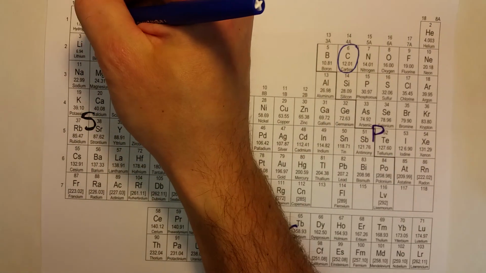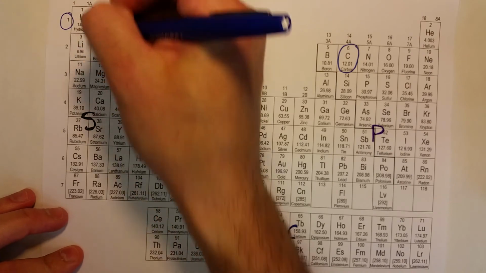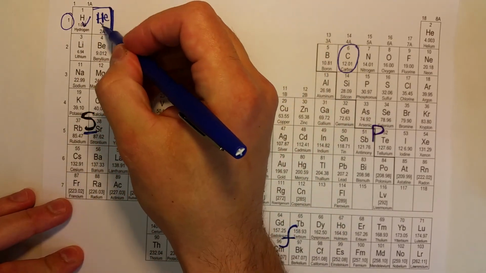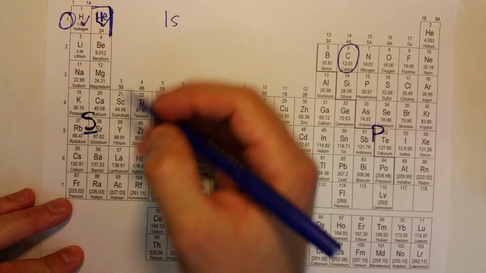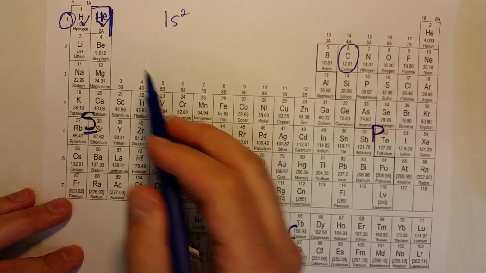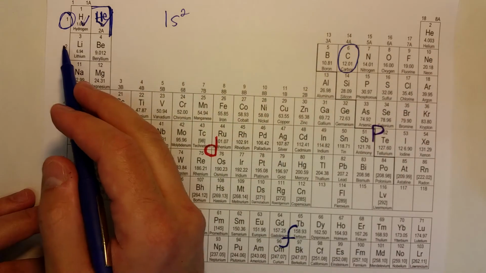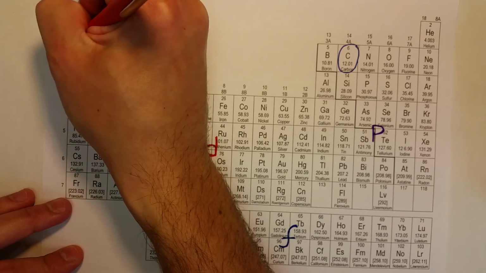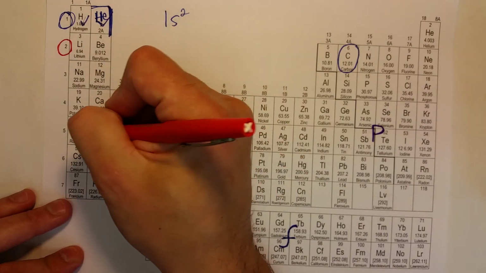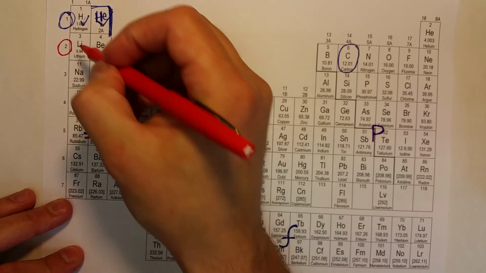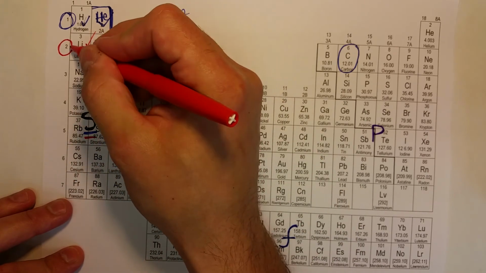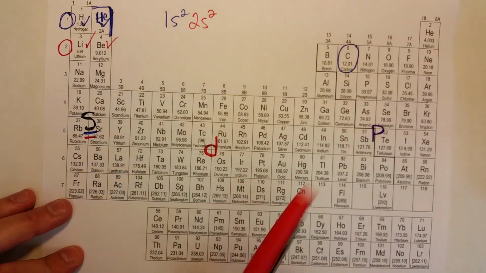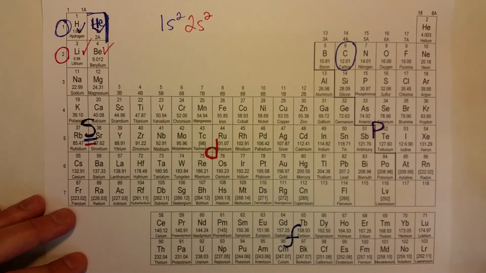So my first electron is in the 1s orbital, and the second one is also in the 1s orbital, so there's 2 there. Now I've run out of periodic table, I have to come down to the second row, so now I am in period 2, so my energy level is 2. I'm in my s block again, so it's 2s1, 2s2. And I keep on doing this until I hit the element that I want.